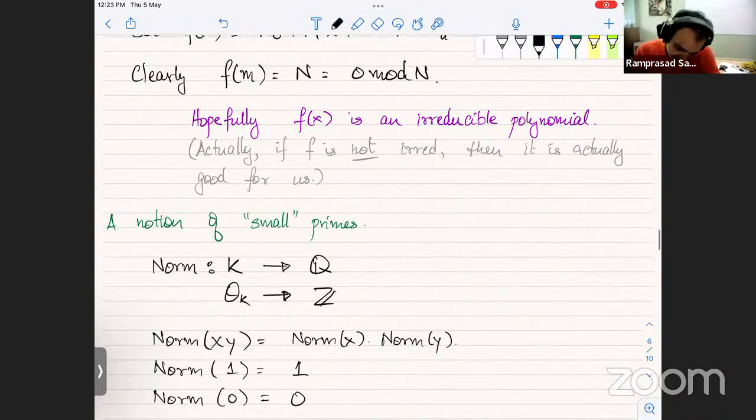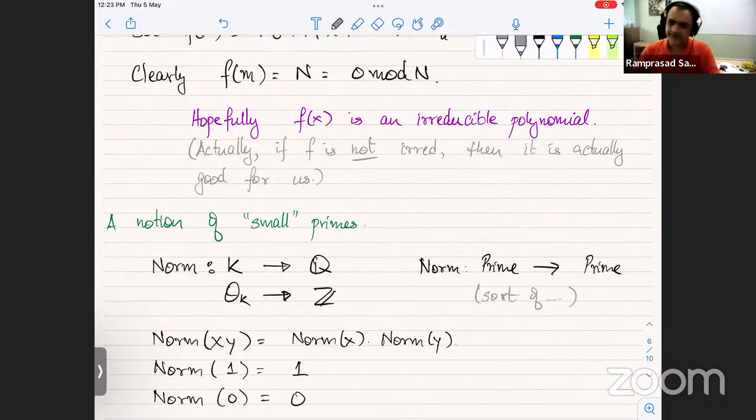And something else which would also be useful is that the norm of any prime also gives me a prime. In fact, what will happen is that one of these non-standard primes that we had, like 1 plus alpha, 2 plus alpha, etc., those will end up going to primes.